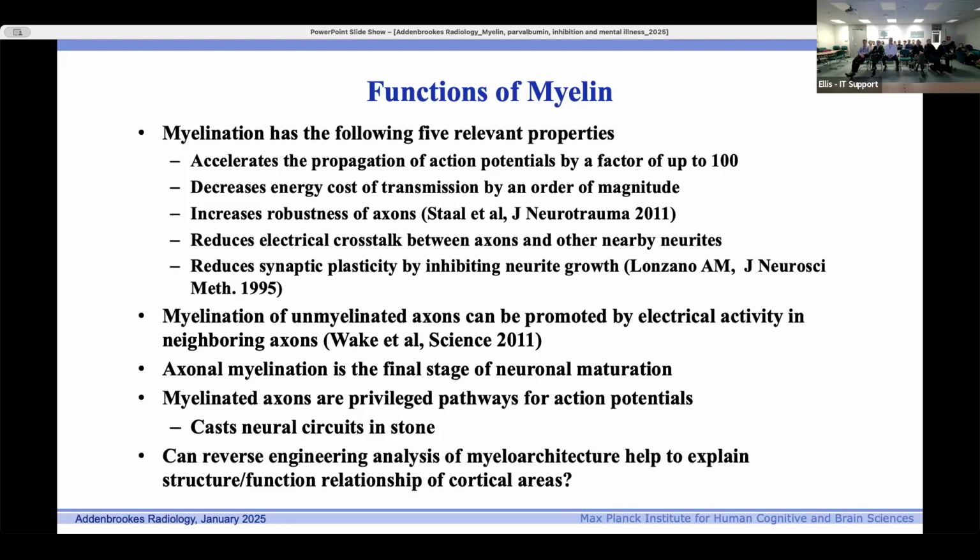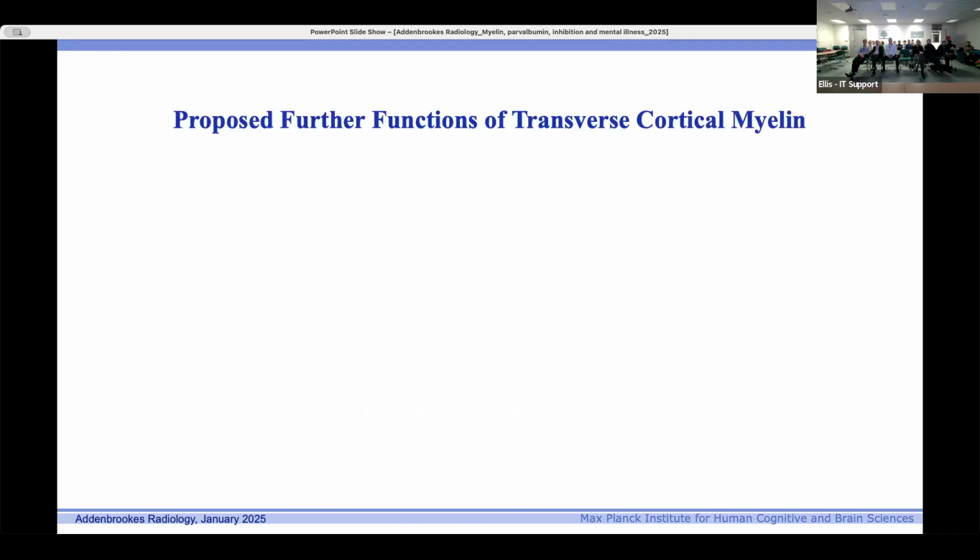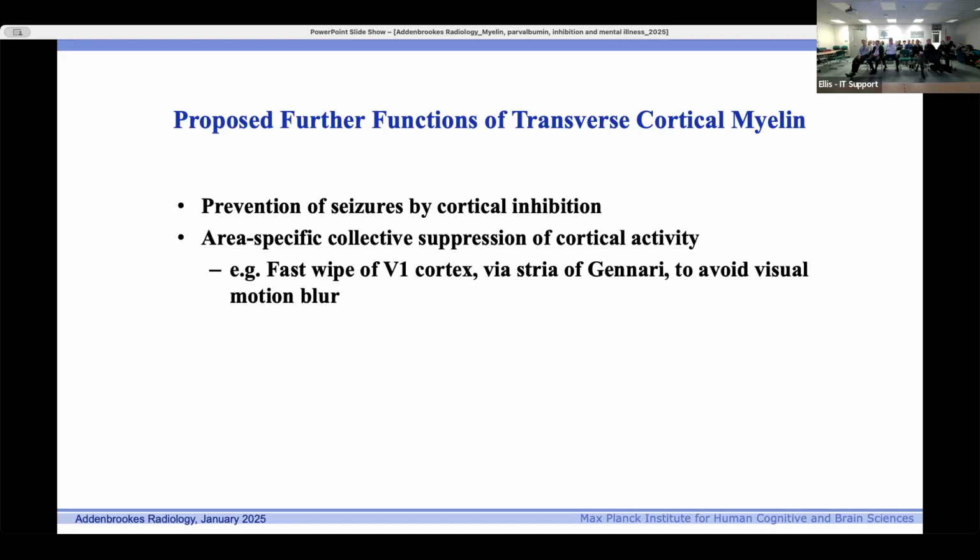So can reverse engineering analysis of myelin architecture help to explain the structure function relation of cortical areas? This is a $1,000 question. In my recent study of the literature, I'm happy to propose further functions of the transverse cortical myelination, the horizontal or tangential myelination. I claim that it prevents seizures.